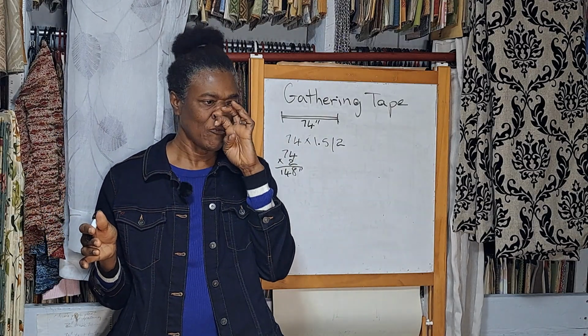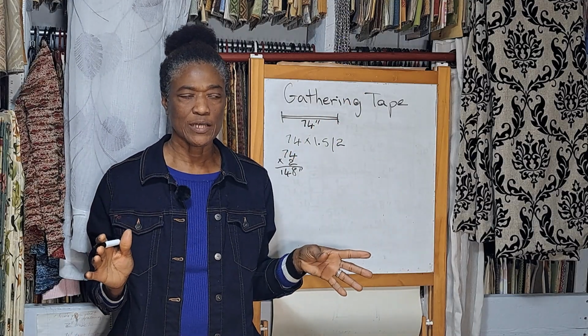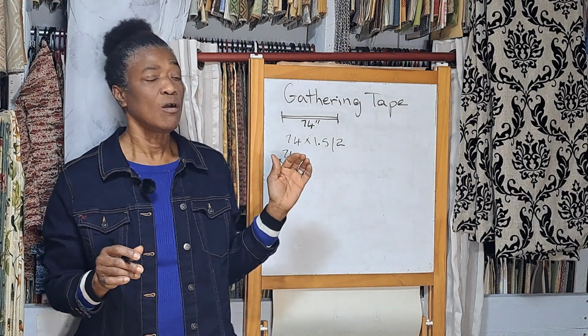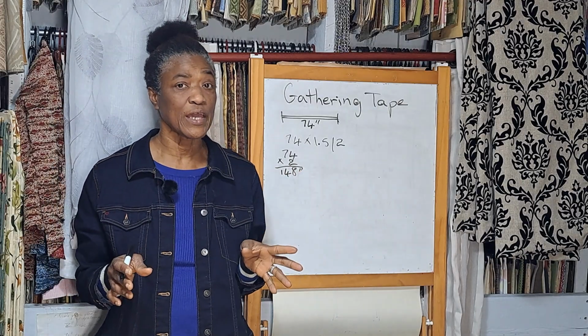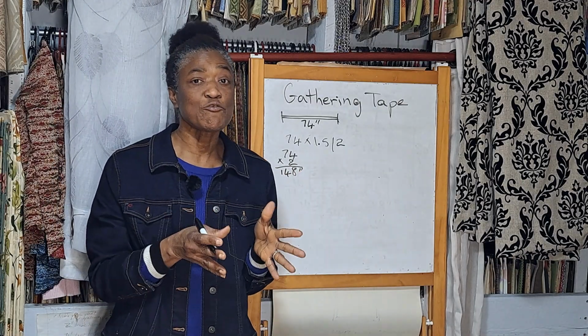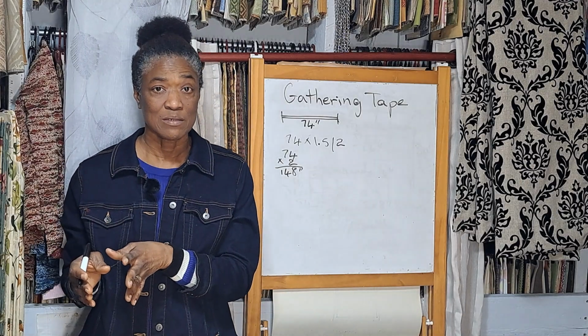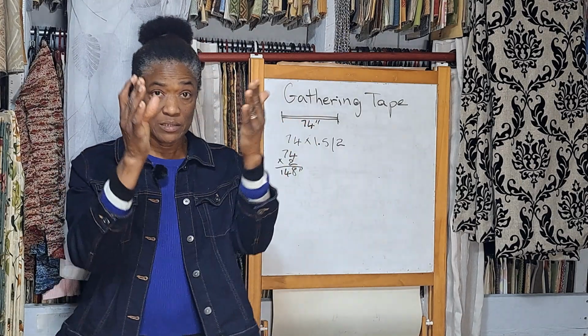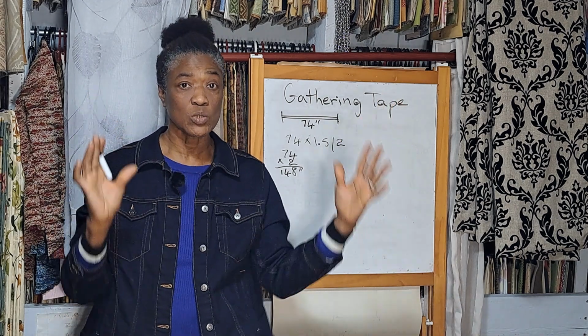But that is for your finished curtain, right? So we need to take this 148 and add increments for our side hems. We are going to split our curtain into 2, so we're making 2 curtain panels.